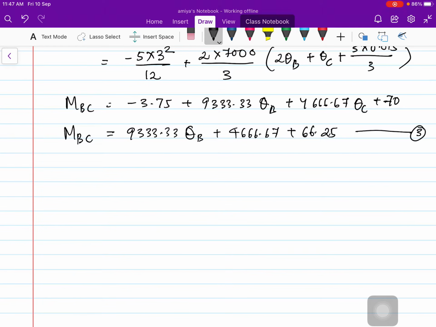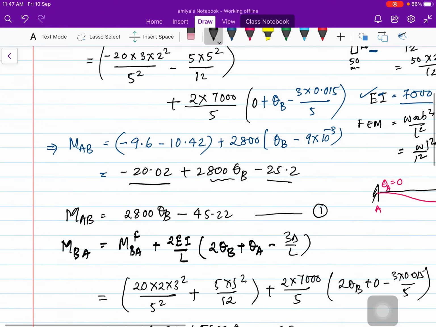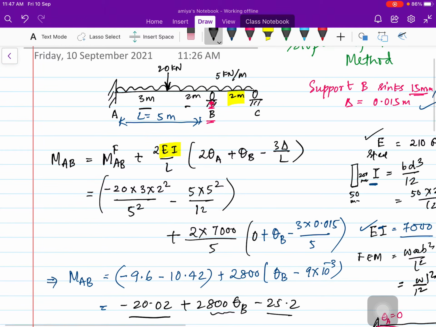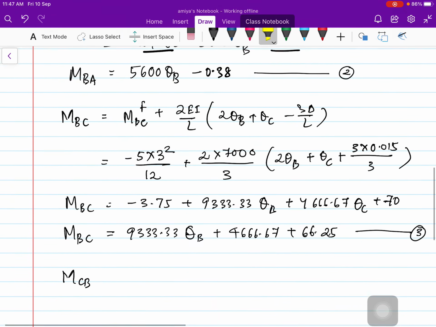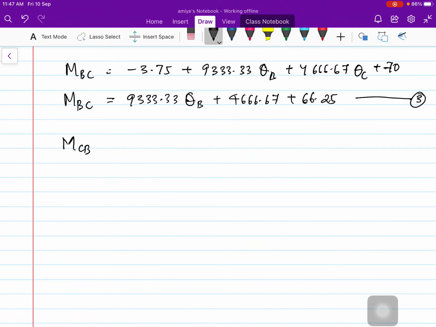Next is our MCB. We calculated MBC, so we are calculating at the point: MAB, then MBA and MBC, then MCB. So here MCB is equal to plus WL square by 12, so 3 square by 12, plus 2 EI by L, so 2 into 7000 by 3.